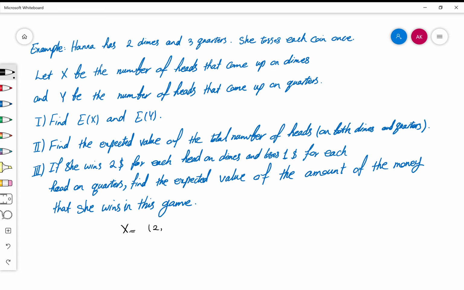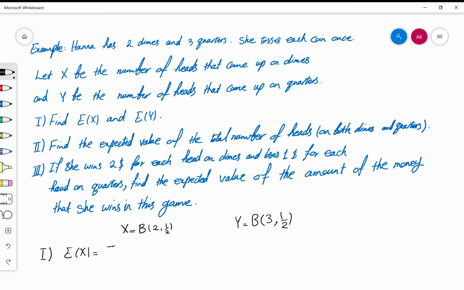We know that the probability of getting a head is half, and the random variable which counts it is a binomial random variable with parameters 2 and 1/2. And y is also a binomial random variable, but this time there are 3 trials, and the chance of success is half.